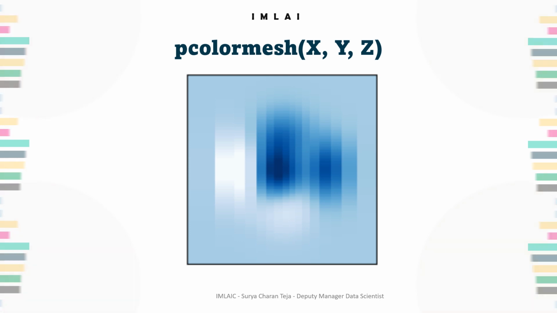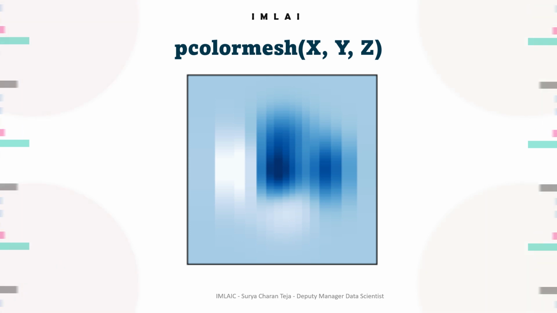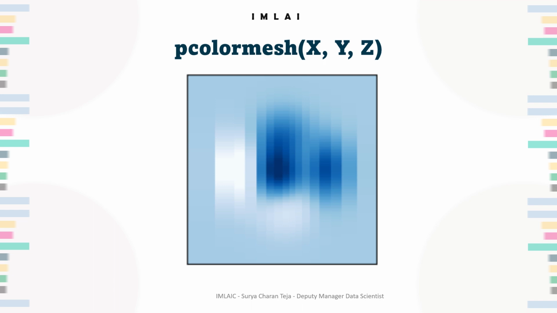pcolormesh creates a pseudo color plot with a non-regular rectangular grid. So how do we call that pcolormesh? We give x comma y values as the first argument list of data.